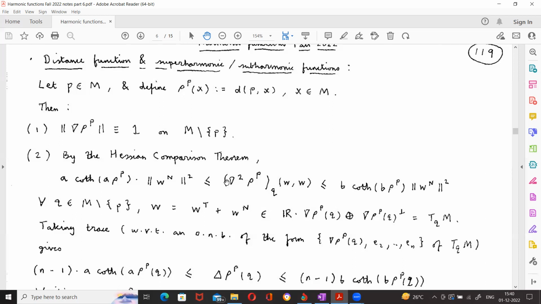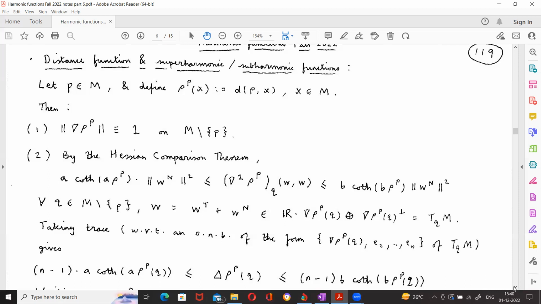So the Hessian is 0 along the direction of the gradient vector. That you can also see from this estimate, because the normal component is 0 in the direction of the gradient vector. So when you take the trace, you get a 0 from the radial direction. And then in these n-1 directions, you'll get upper and lower bounds.